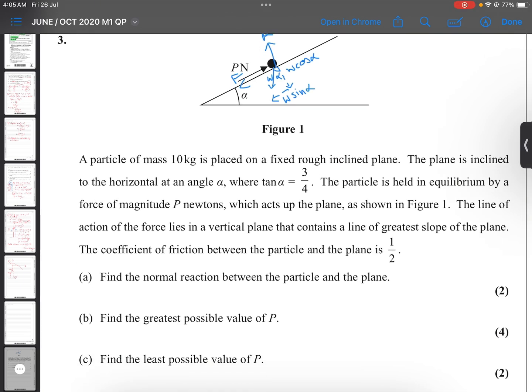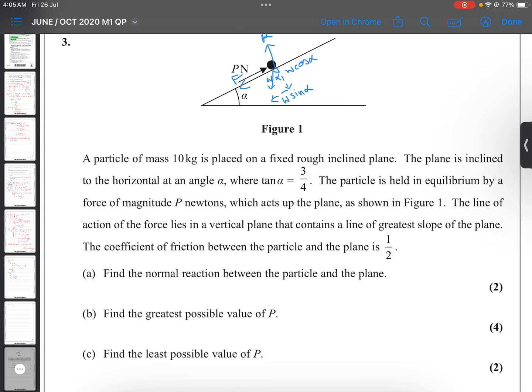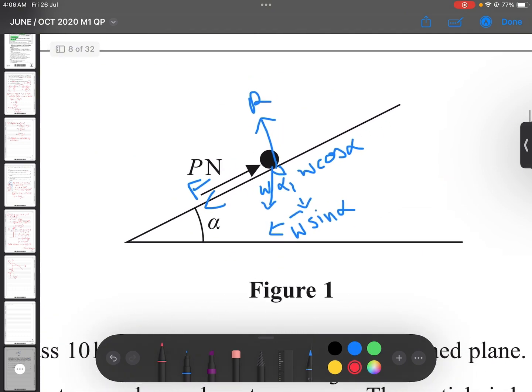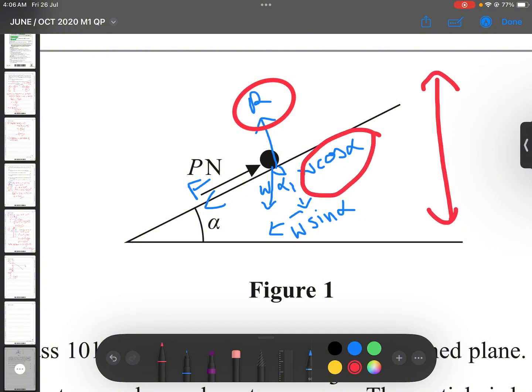Find the normal reaction between the particle and the plane. As currently the ball is in equilibrium, that means total upward forces acting on the ball is going to be equal to total downward forces acting on the ball. The upward force is the normal reaction force, and the downward force vertical to it, like they're in a straight line, is W cos alpha.